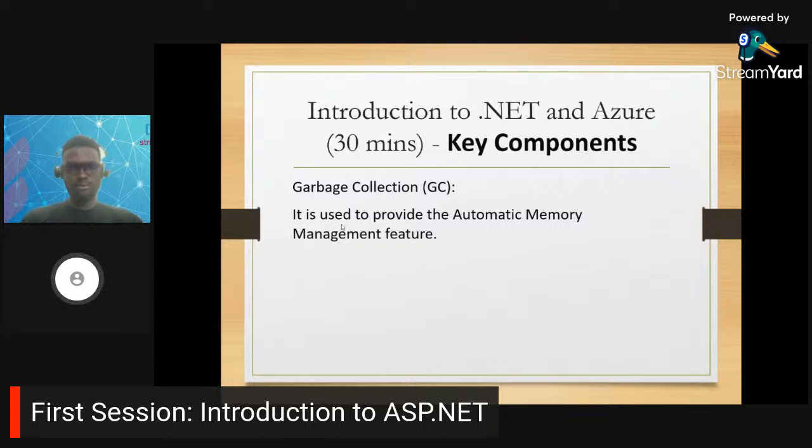Then they have your garbage collection. It is used to provide automatic memory management. Before .NET, we had C Sharp 6.0. That's the last C Sharp before .NET. If you are writing in it, you have to do your memory management.